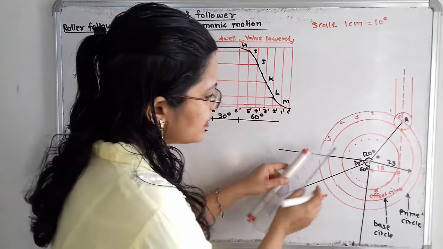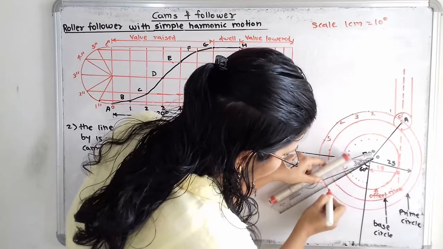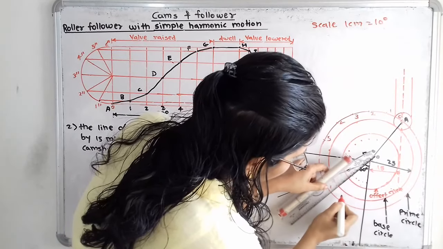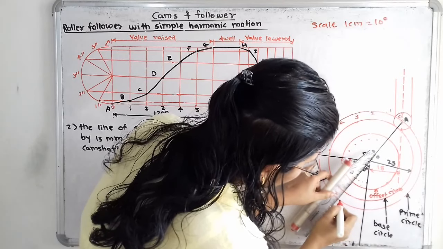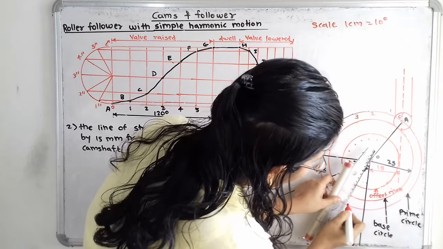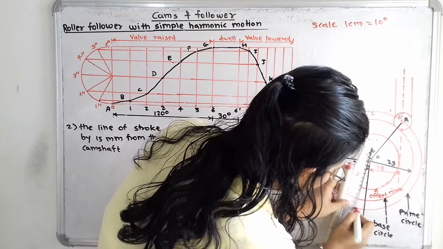Then in the same way in this return stroke also we have to take, this is the first point, that is point 1, then here is the second point, then here is the third point.